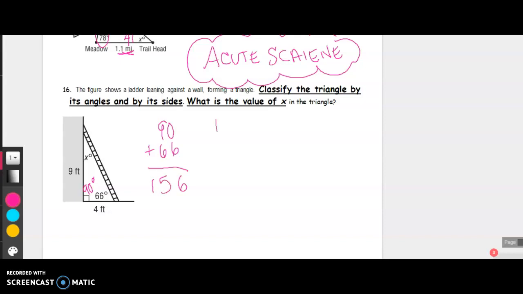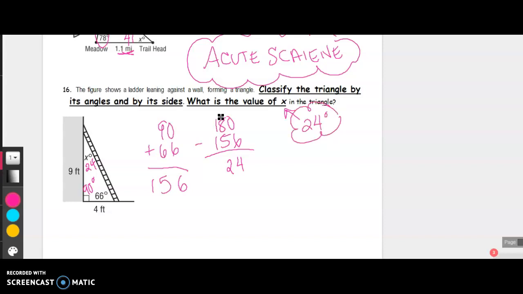That gives us 156, and 180 minus 156 gives us 24. So our missing x is 24 degrees.